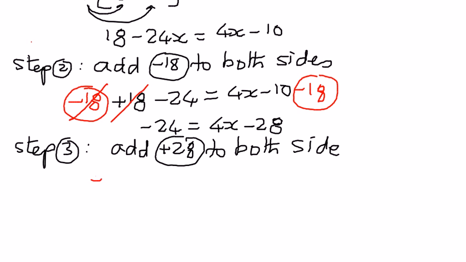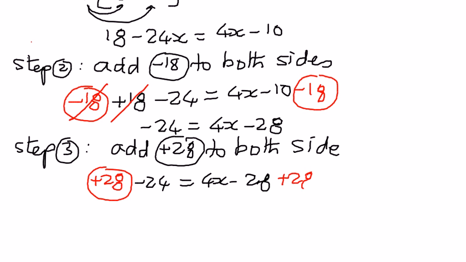So plus 28 on the right hand side, minus 24 is equal to 4x minus 28 plus 28. The positive 28 and negative 28 cancel out on the right hand side, leaving us with 4x is equal to 28 minus 24, which is equal to 4.